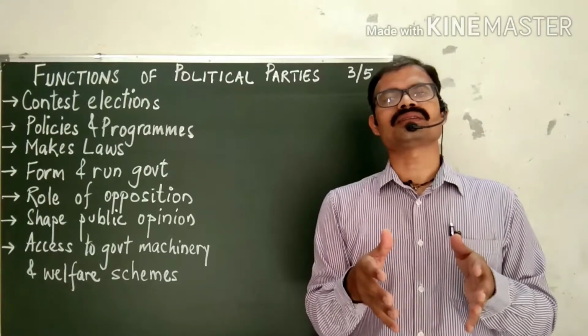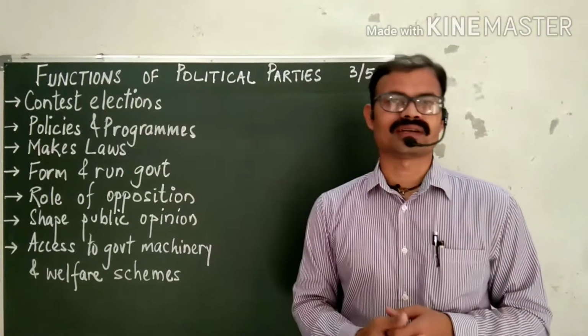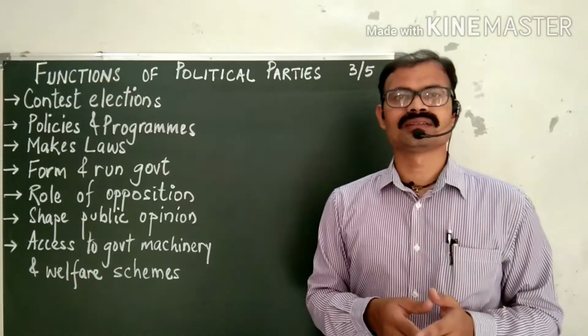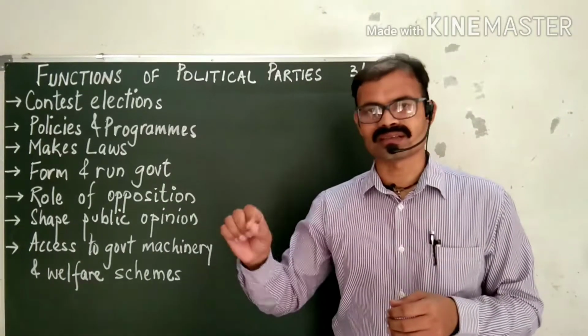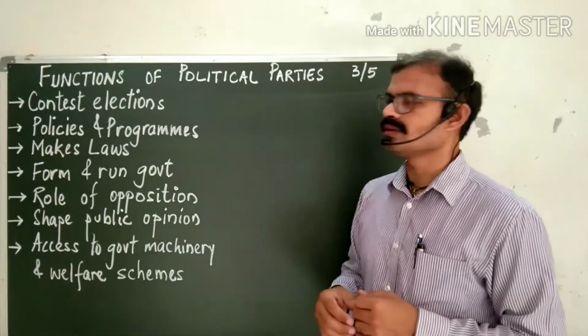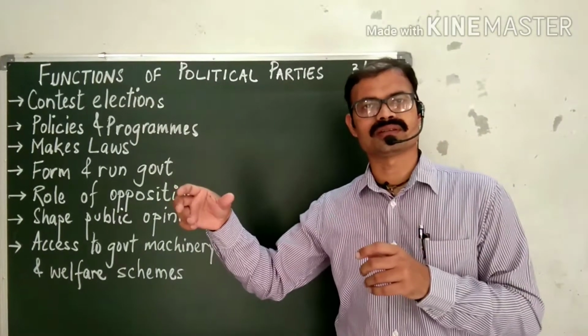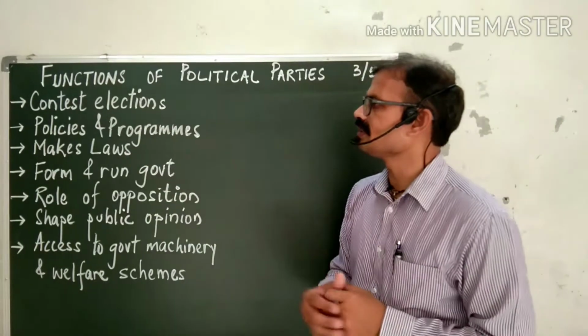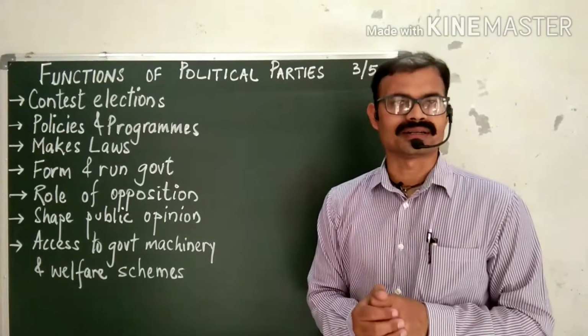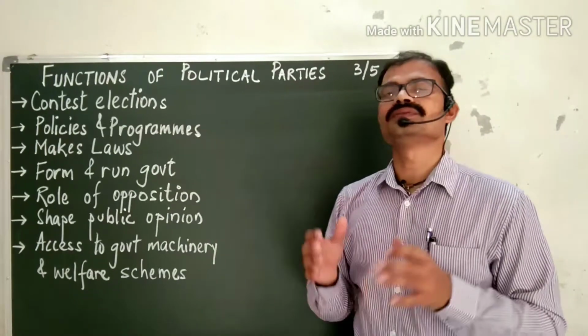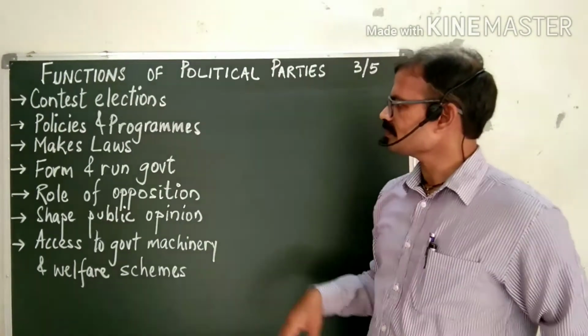Once it gets passed, then it moves to the Rajya Sabha. Then the bill is sent to the president, and once the president signs, it becomes the law. So it has to go through a procedure in which all the political parties take part. So they are the ones who make the law for the nation.